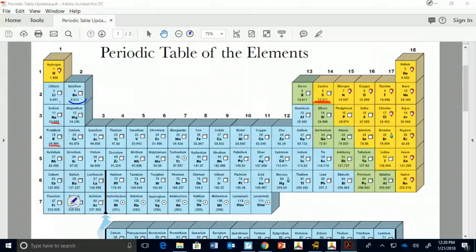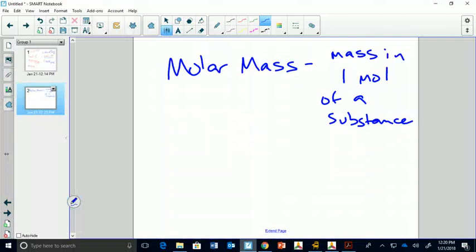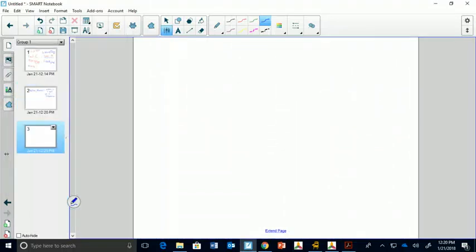The atomic masses that are given for each element will tell you how many grams of that element are in 1 mole. So we can use that molar mass to make a conversion factor. Just like we did going from moles to atoms, or moles to particles of some sort, we can use this conversion to go from moles to grams.